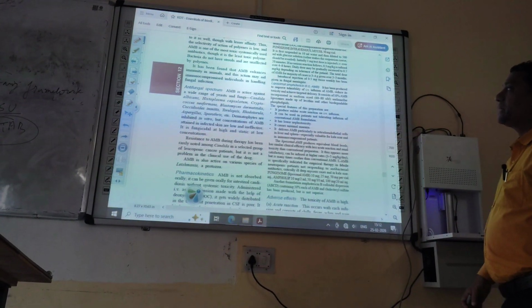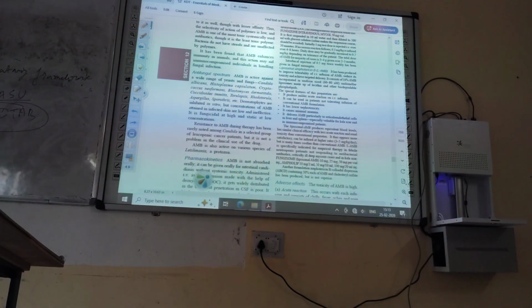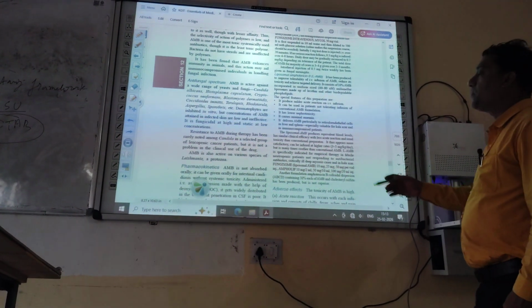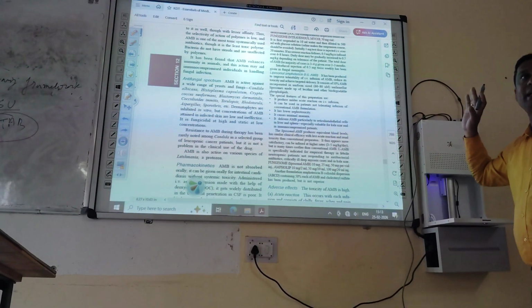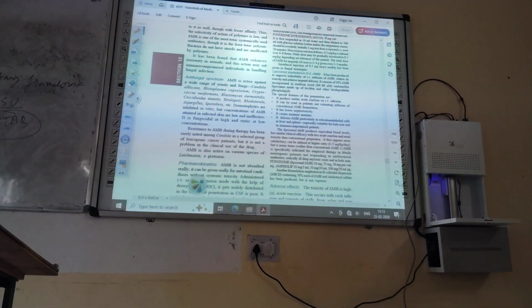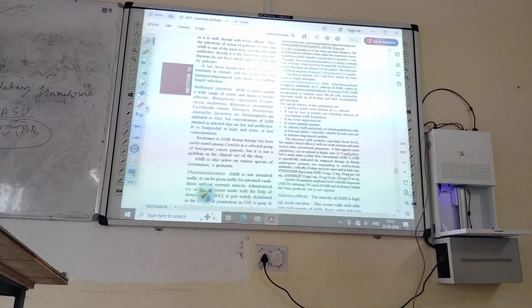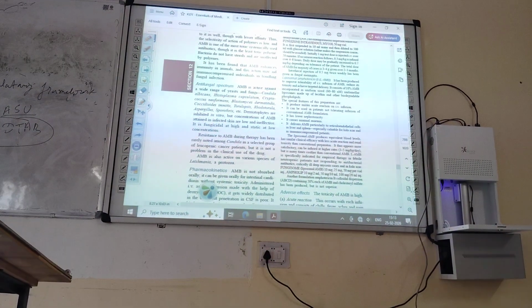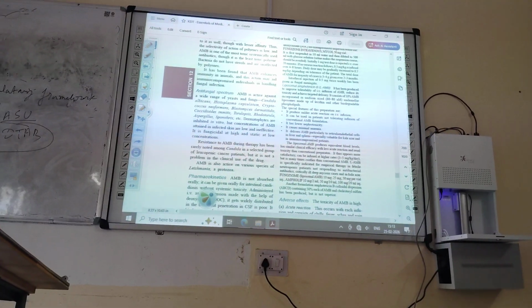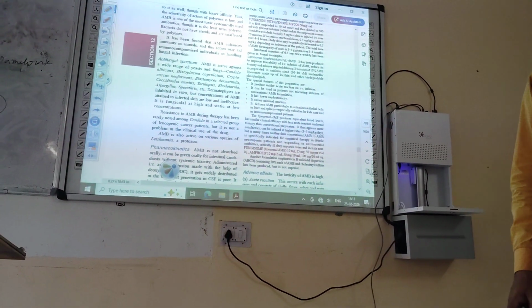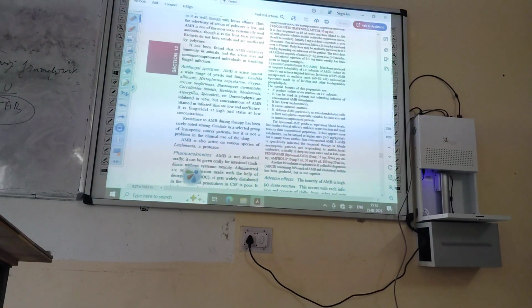Then antifungal spectrum: a wide range of yeasts and fungi. It will kill a wide range of yeasts and fungi, for example Candida albicans, Cryptococcus neoformans. Skin and nail disorders are due to fungal infections.